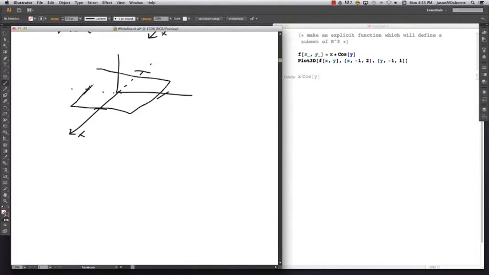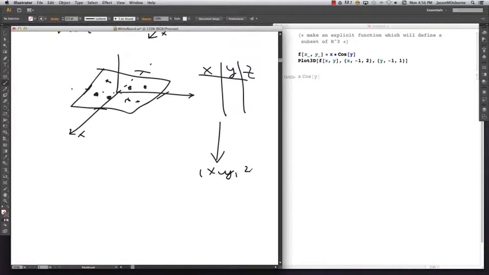So you want to look at this little square and pick a bunch of points in this square, plug them into an XY table, find the Z value, get all the XYZ points out of there, and then put those on the plot. If you get enough of these points together, they will make some sort of surface.